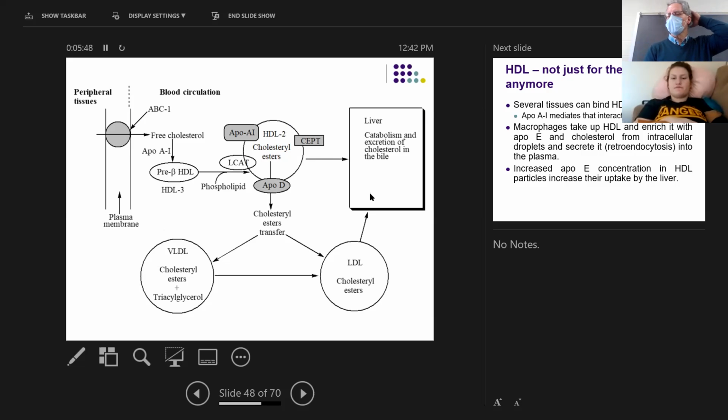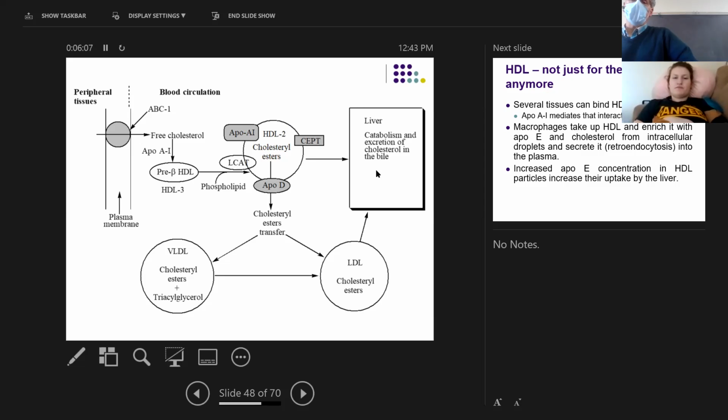That cholesterol that gets taken up by the liver will either be used to make new VLDL or it'll be converted into bile salts. So bile salts are the dumping ground for excess cholesterol.